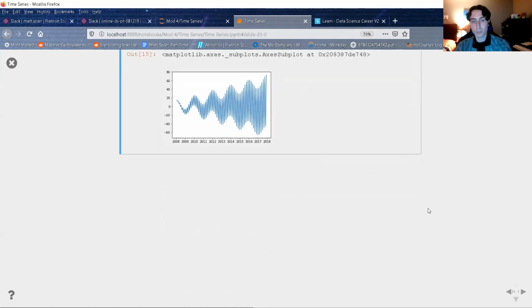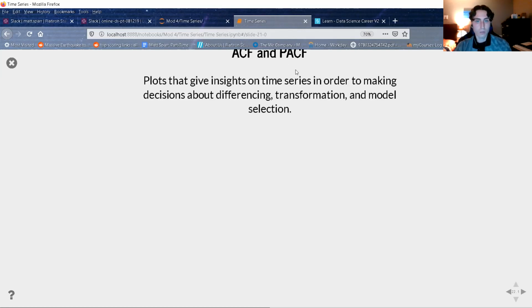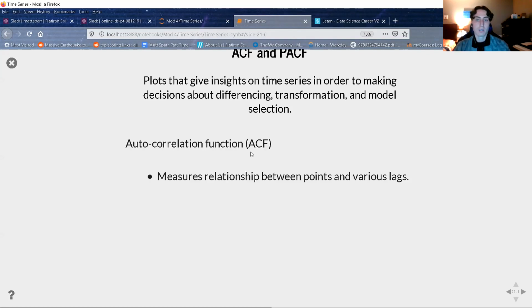Well, you technically couldn't. A way to figure out how much differencing you need are from two graphs known as ACF and PACF. So it's autocorrelation function and partial autocorrelation function. They basically tell you more about what's going on in a time series by plotting a time series versus different lags.